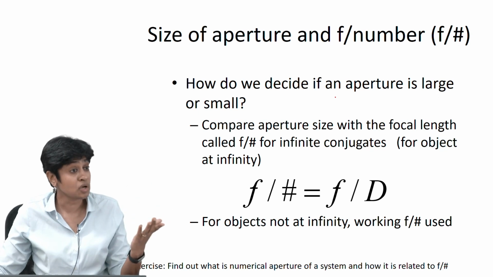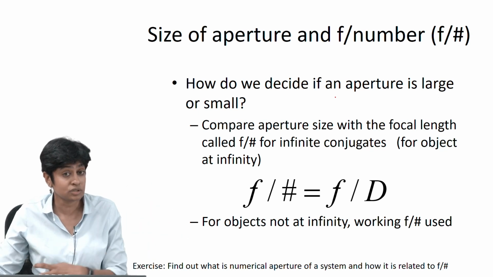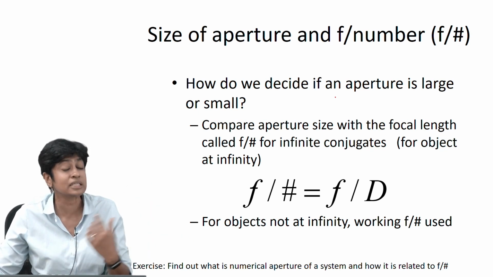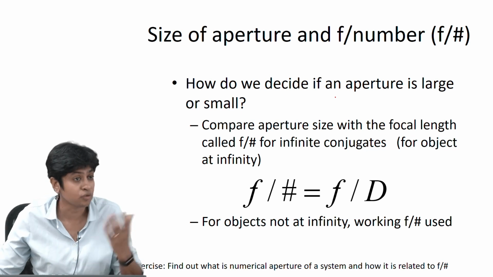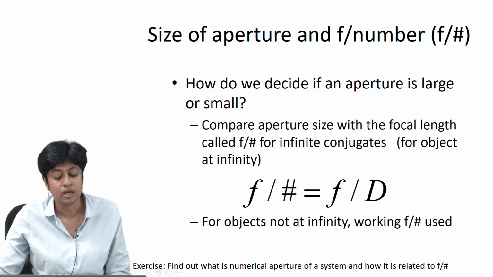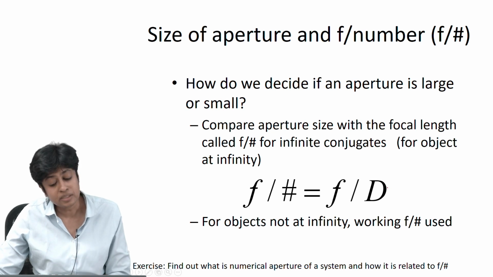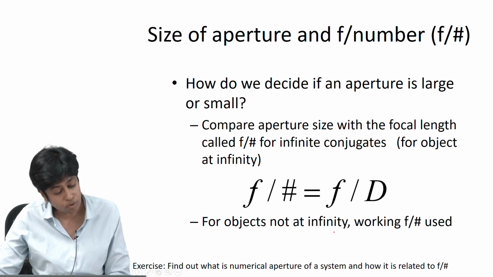So we had this concept earlier when we asked, is it a thin lens or a thick lens? We asked what the object and image distances are compared to the focal length of the lens, for example. So the f number is defined as the focal length divided by the diameter of the lens.